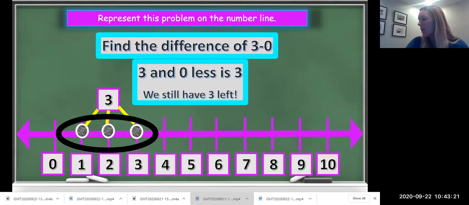If I had 3 fingers and I add no fingers to them, 0 fingers, I still have 3. The same thing goes for subtraction. If I have 3 fingers and I subtract 0 fingers, I don't take any away, I still have 3. So we've talked about that number 0 before. Great job. I thought I might trick you, but you guys are too smart for me.